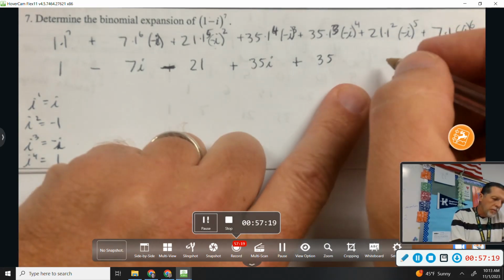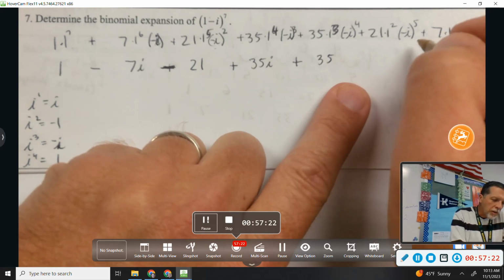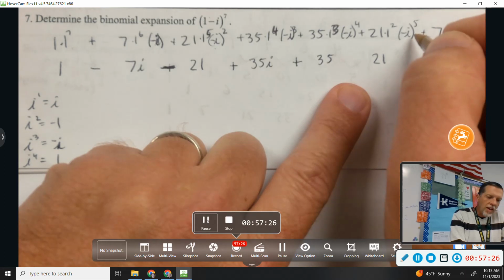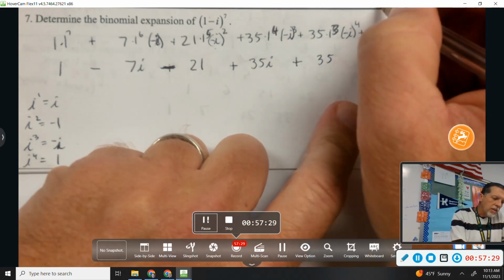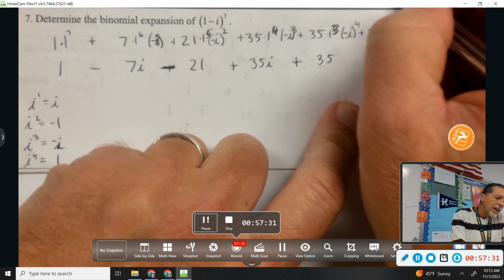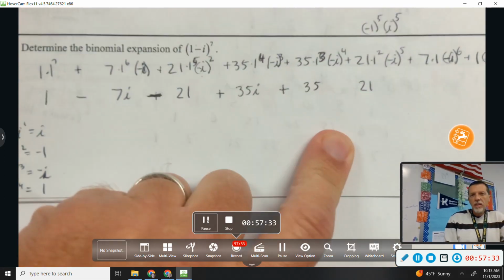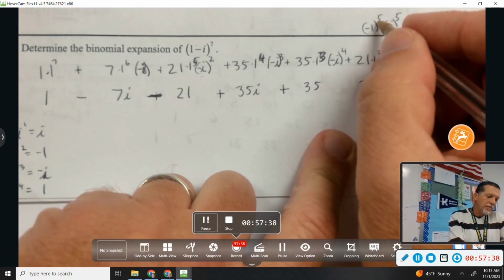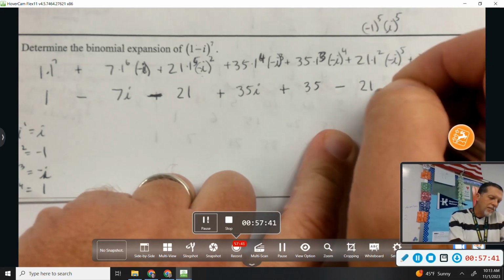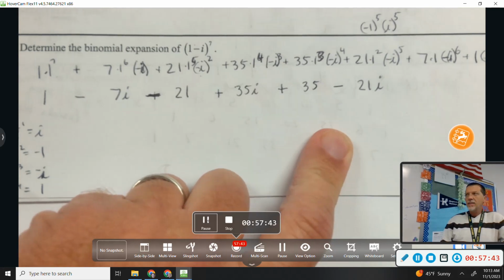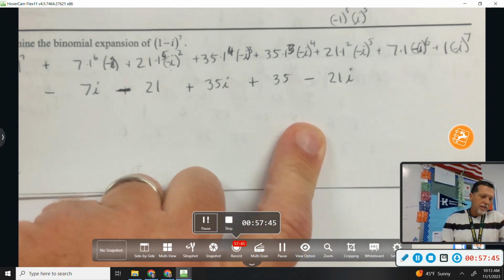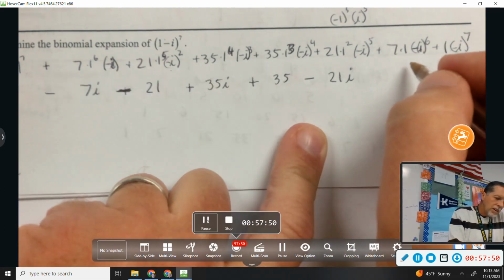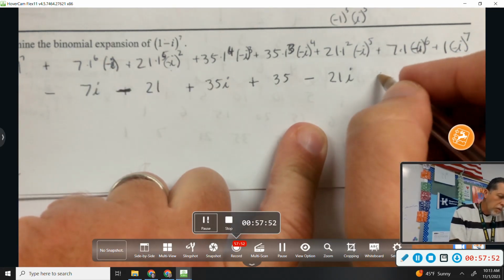There is a little bit of a pattern developing, I think. 1, negative i to the fifth. So again, that's negative 1 to the fifth and i to the fifth. So i to the fifth is i, but negative 1 to the fifth is negative, so negative i. i to the sixth would be negative 1, so minus 7.